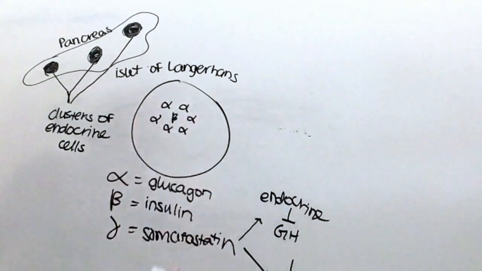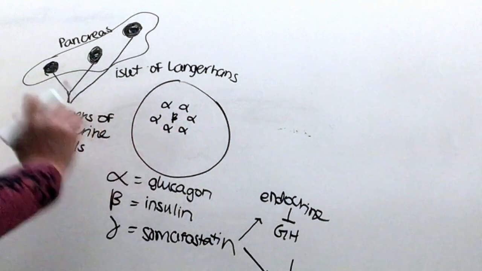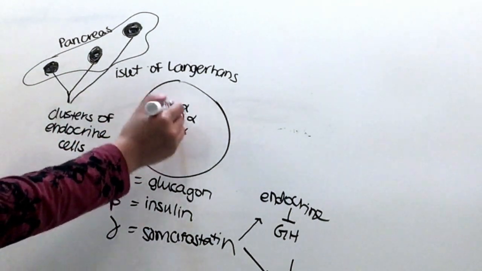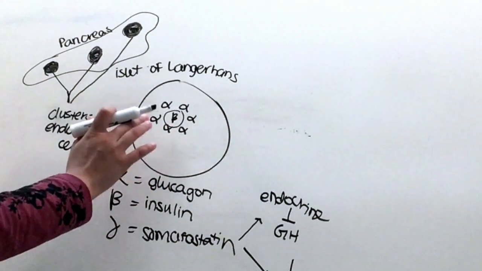That's why the beta cells, which is going to release insulin, is the special one, because it's very, very important to eating. Eating is a very, very important task for us human beings. So I just like to think the beta is the king of everything, or the queen of everything, and it's going to be in the central area.